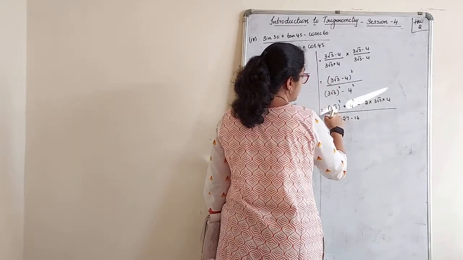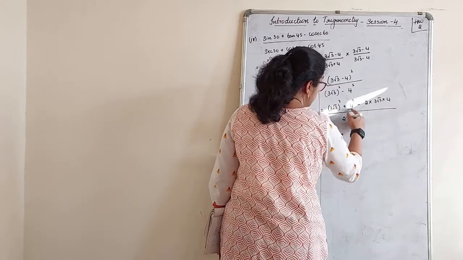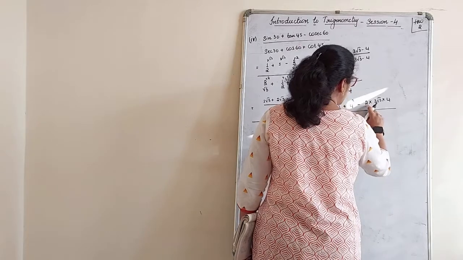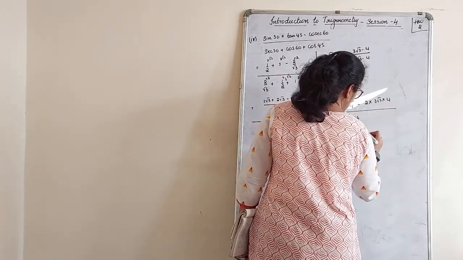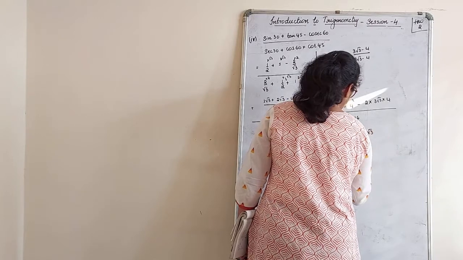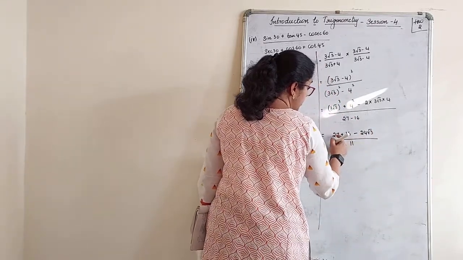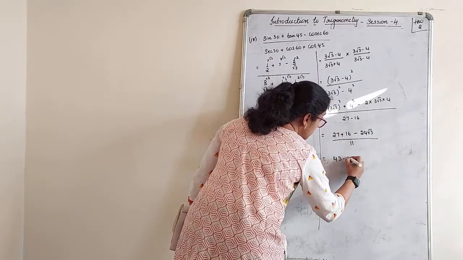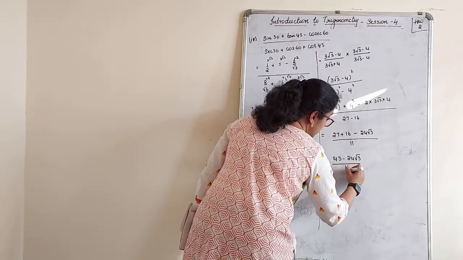Here 3 square 9, 9 3s are 27, plus 4 square 16, minus 2 3s are 6, 6 4s are 24, root 3. 27 minus 16, 11. 27 plus 16, 43 minus 24 root 3 divided by 11.